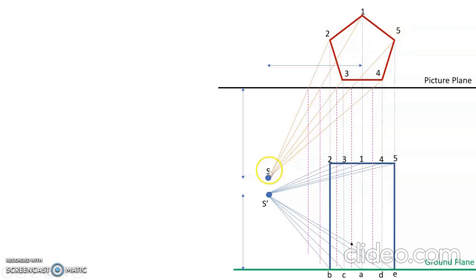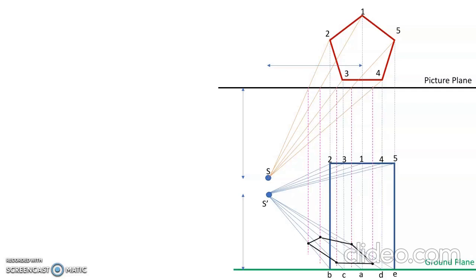So E to S is this ray and I have got the intersection here. From the intersection I have drawn the dotted line which cuts the corner E. Similarly D, A, B and C. So I am connecting the 5 points I have got.